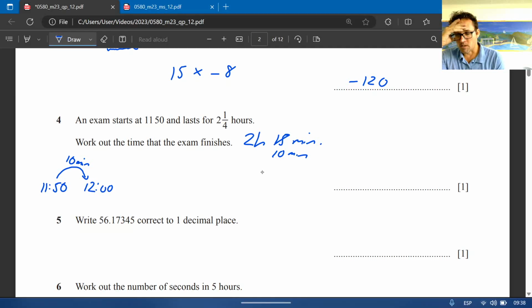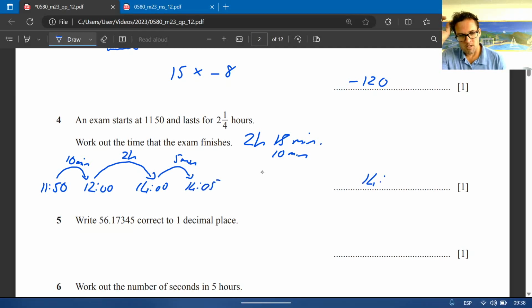But I'm going to jump minutes now, I'm going to jump hours. So we want to jump 2 hours from 12. That will be 1400 hours, 2 o'clock in the afternoon. Okay, so that's 2 hours, 10 minutes. And we're going to have to jump another 5 minutes to finish up that quarter of an hour. And that's it. 14:05.